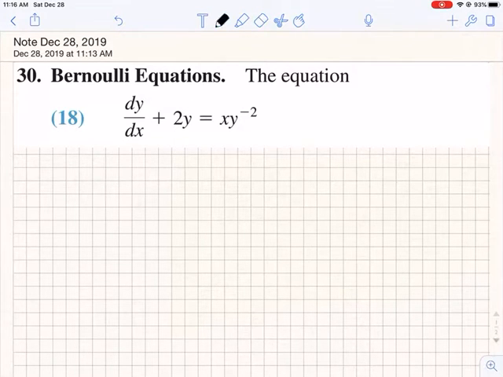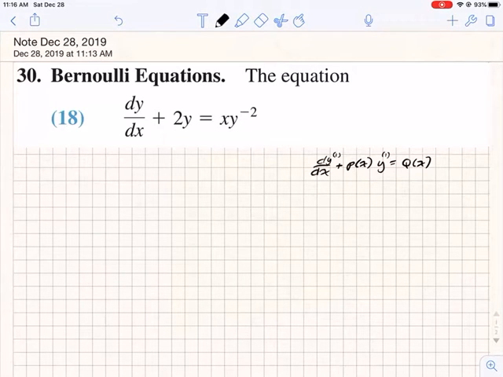Now the first step in solving linear differential equations is setting it up to look like this. And notice that the differential is to the first power and the y is to the first power.